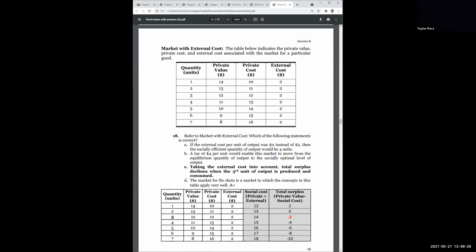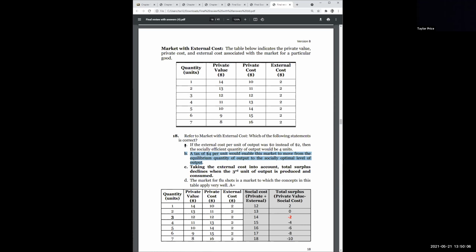So D isn't really relevant, so you can cross out D. For B, they're mentioning a tax of $4 per unit would enable this market to move from equilibrium quantity of output to the socially optimal level of output. That wouldn't be true because the external cost here is $2, and so $4 would be too high. So we can eliminate B.